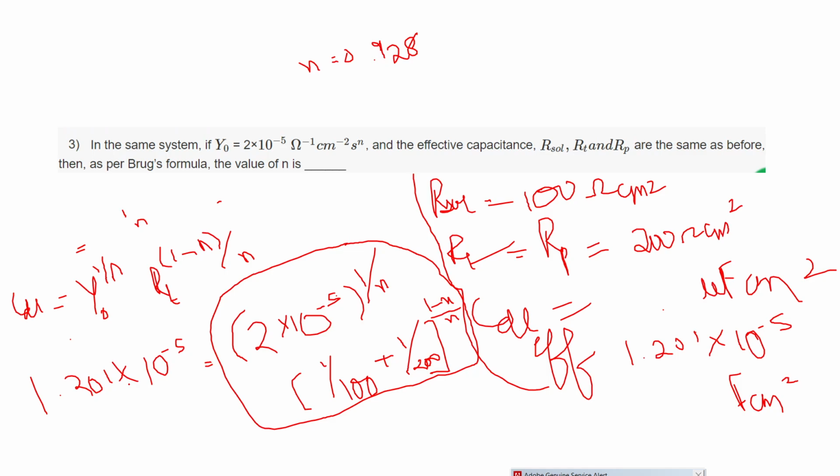If I understand that the value is between 0.9 and 1, I'll put 0.9 for n and get some value closer to this one. I can put 1 also and find some value closer to that. Then try 0.9, 0.91, 0.92, 0.93. So again you'll understand, and based on that you will get it. Finally, even I got the same answer, 0.928.